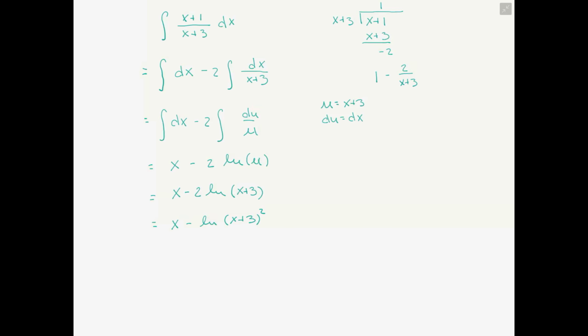So we got x minus 2 ln x plus 3. But we also know that that's a square, so we got x minus ln x plus 3 squared.